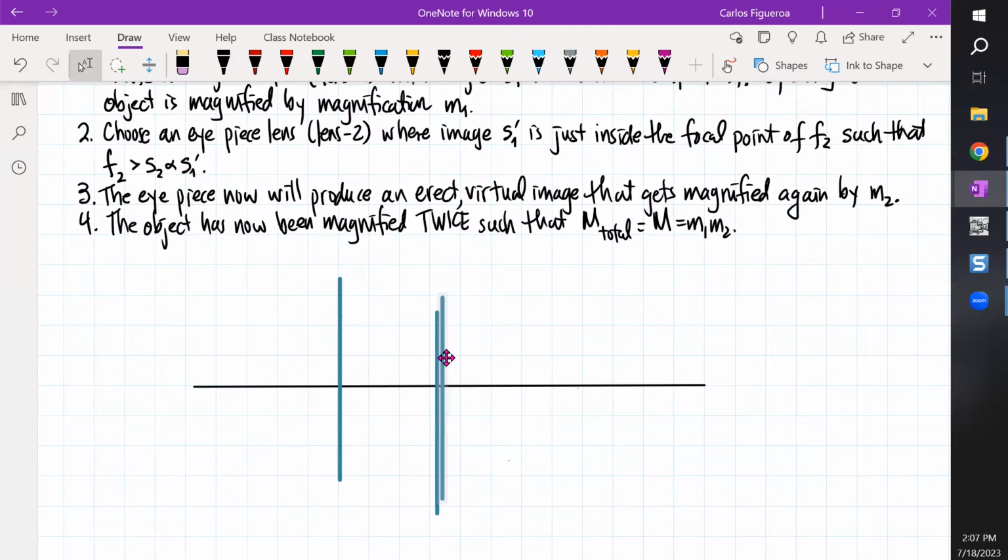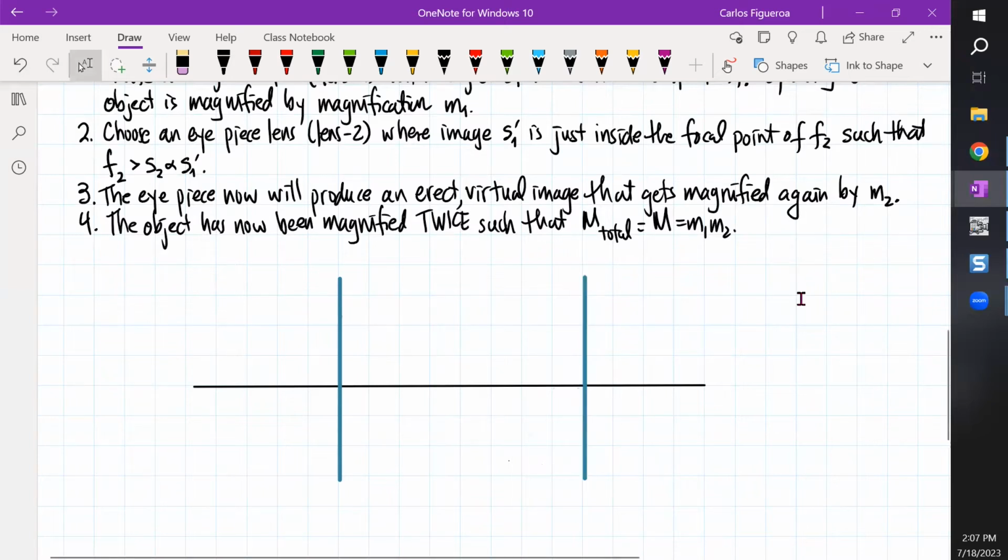So I'm going to do 2, 4, 6, 8. So here's my two lens system. So for the time being here, I'm going to pick this as F1 greater than 0, F2 greater than 0, which tells me that I have two converging lenses.